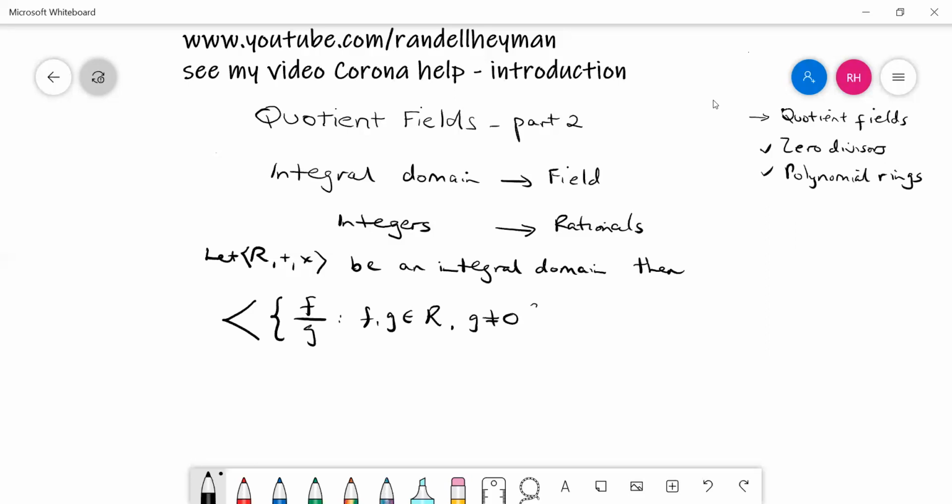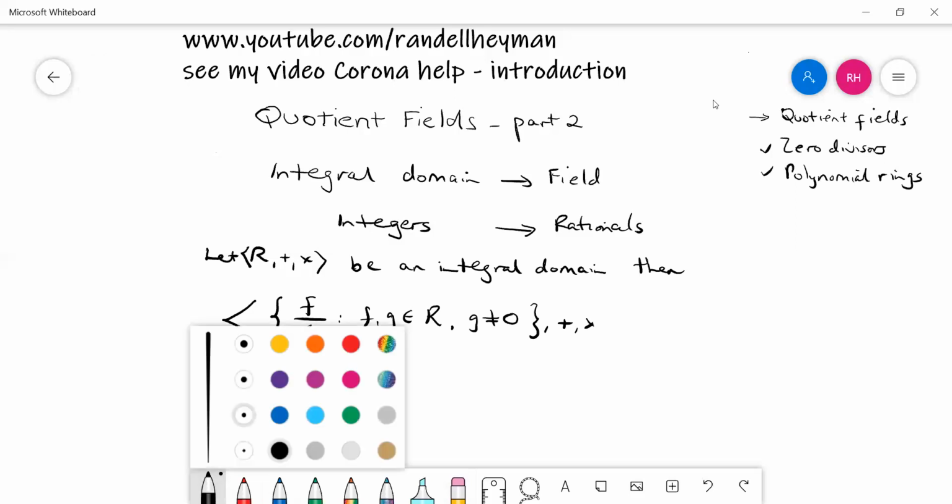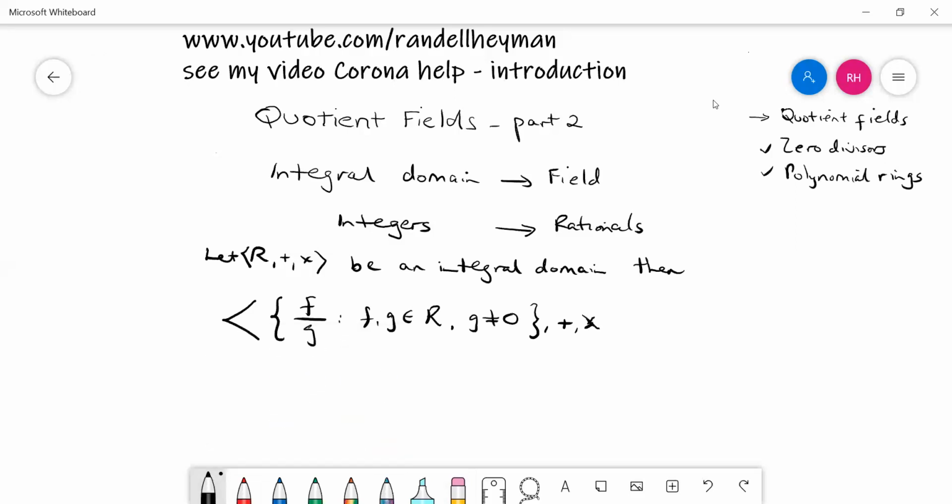That's the set, and it will have the same addition and multiplication as we had in the integral domain. Then this set is a field, and we can call it the quotient field. I hope it's obvious from that that it is actually a field.